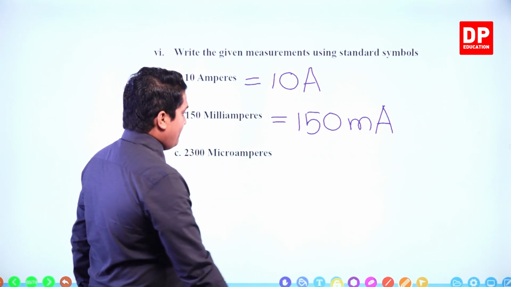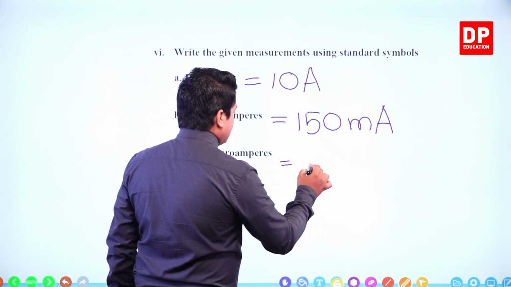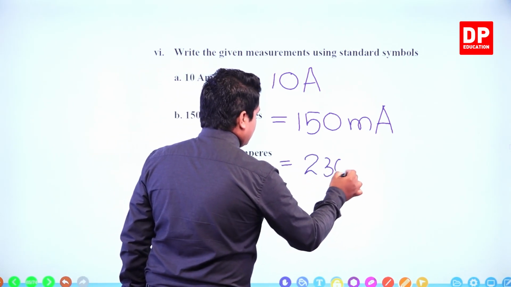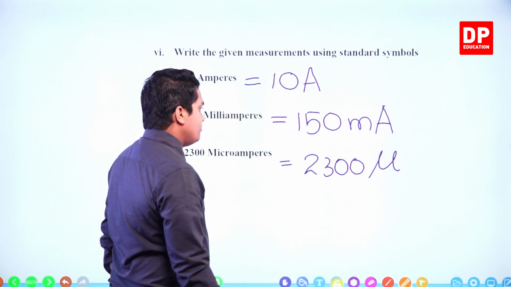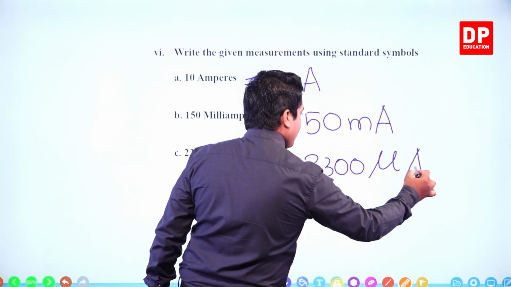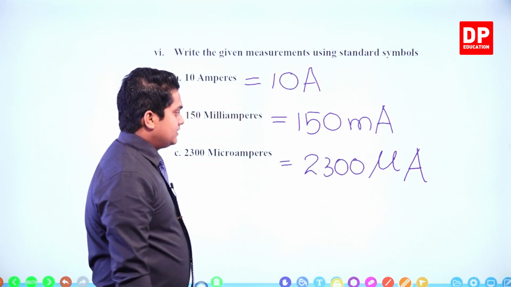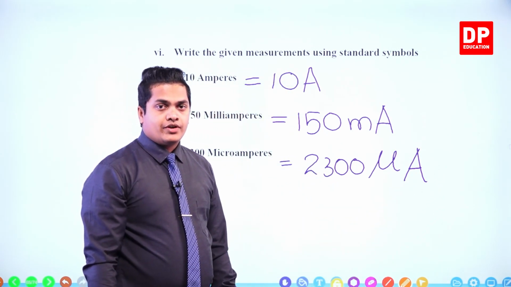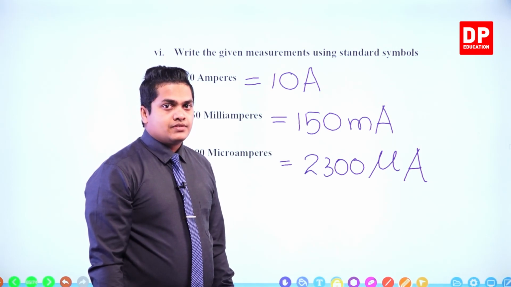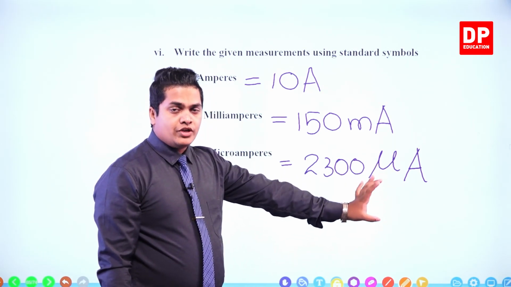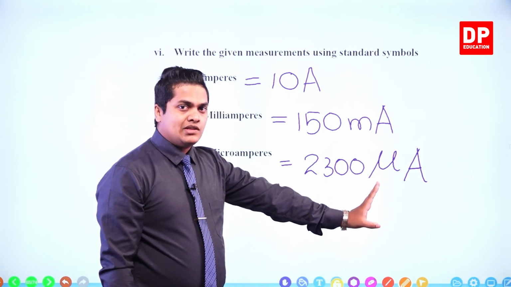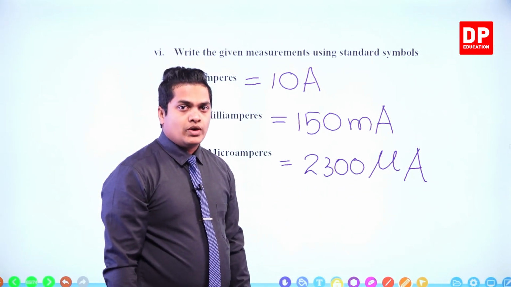For microamperes, we use the symbol mu and A. This is mu. I told you about the symbol mu in the earlier chapters as well.